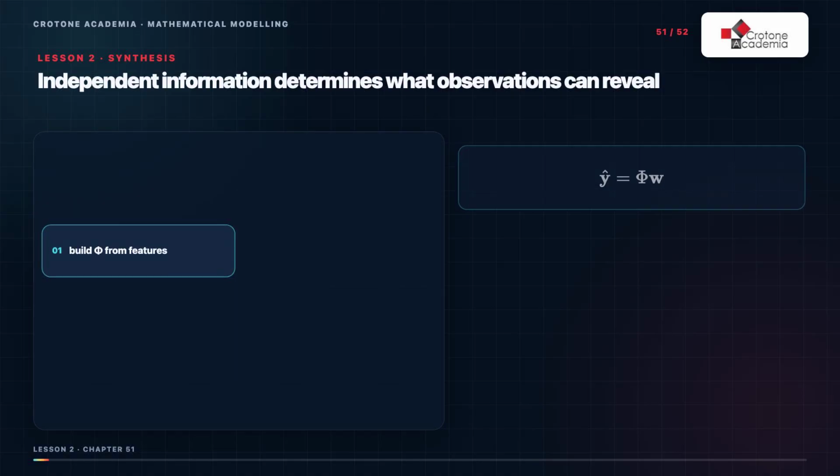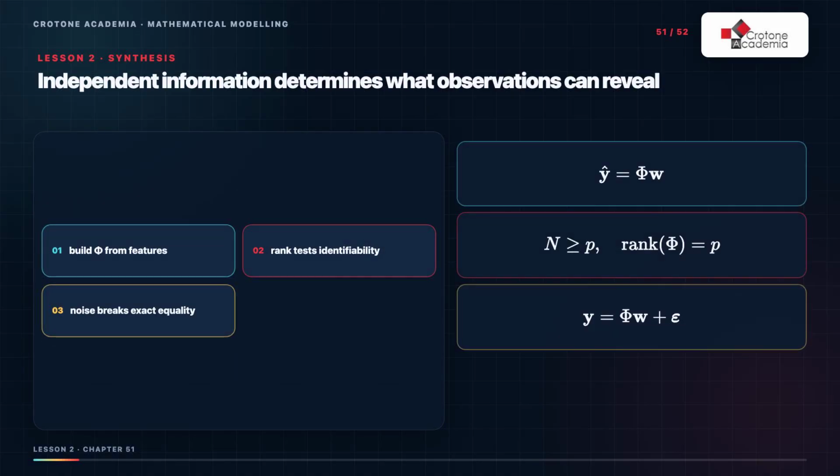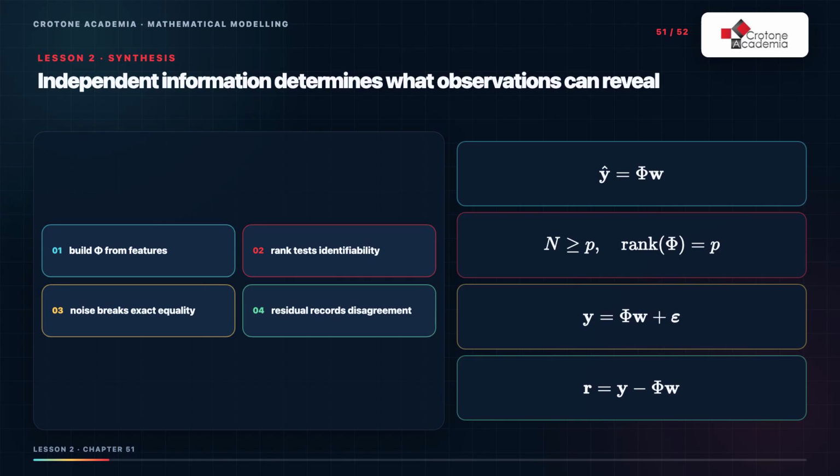Let us collect the lesson. Each observation evaluates the chosen features and becomes one design matrix row. All predictions satisfy y hat equals phi times w. In an exact system, unique identification of p weights requires at least p observations and full column rank. Rank means the columns express independent parameter effects.